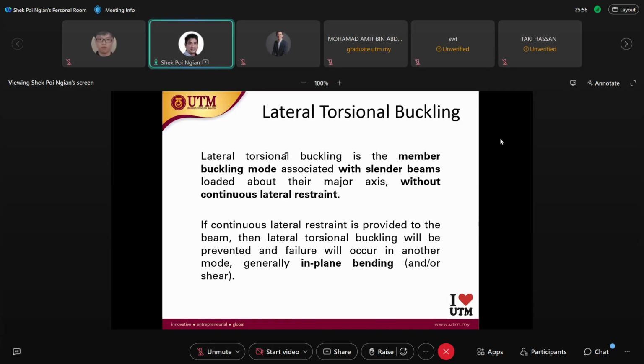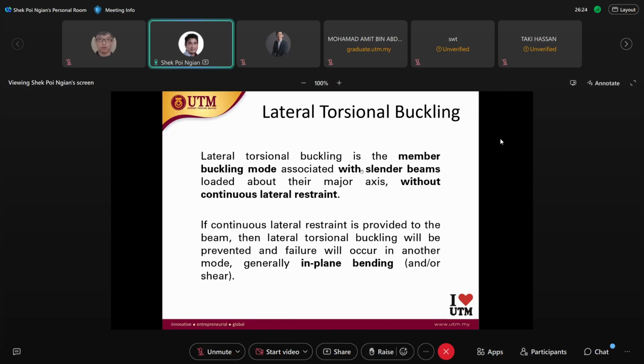Okay, so what is lateral torsional buckling? It's a failure mode for beam, where the beam is slender. Slender means the length over the cross-section area is relatively large.